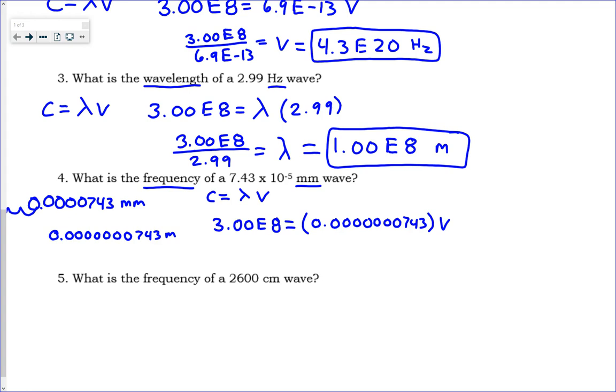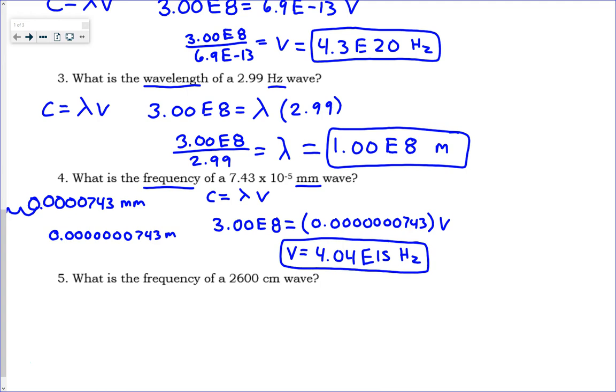And so then what we end up with here is that we divide both sides by 0.000000743, and we get that nu is equal to 4.04 times 10 to the 15th hertz. Three significant figures here. The unit's hertz because it's frequency.